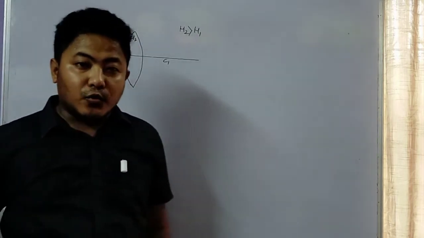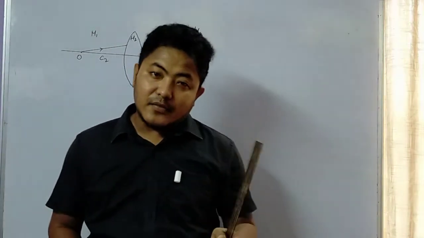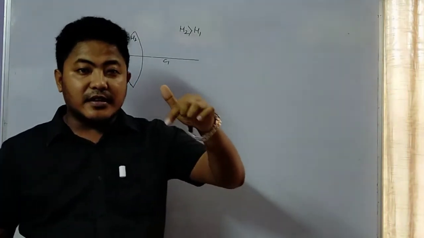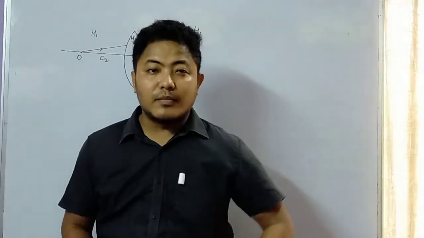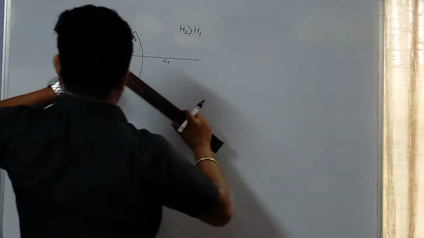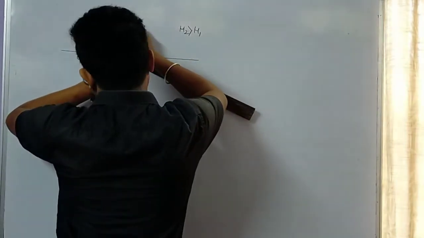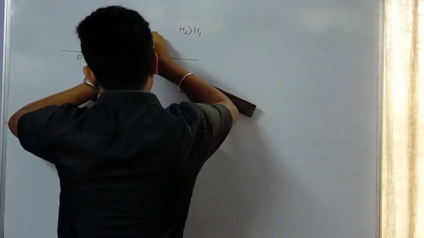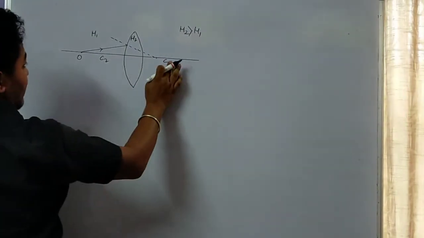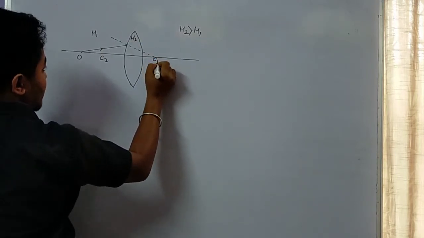When a ray of light travels from rarer to denser medium, after refraction the refracted ray bends towards the normal. So we have to make a normal here. The normal is always drawn from the center of curvature.